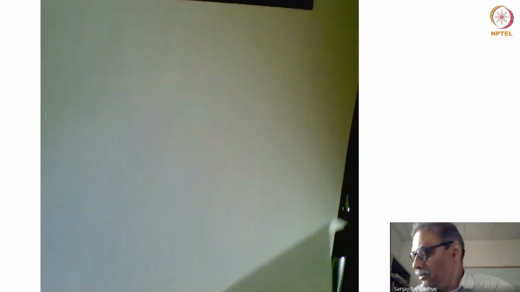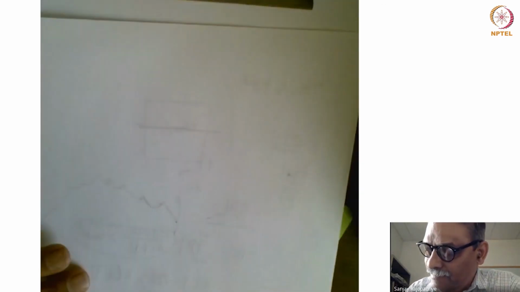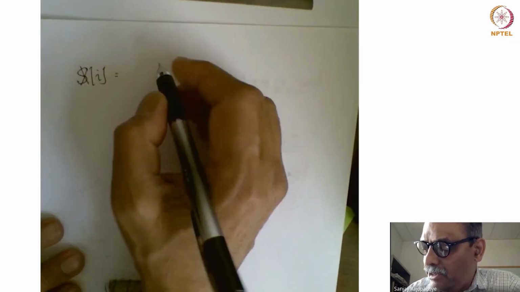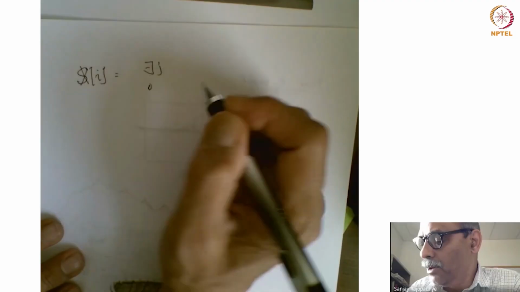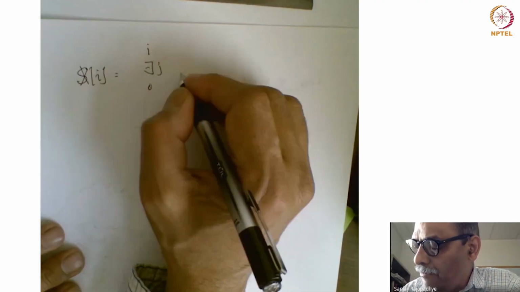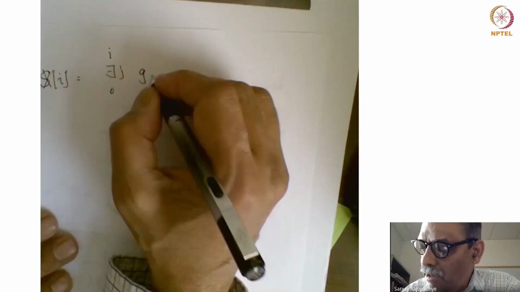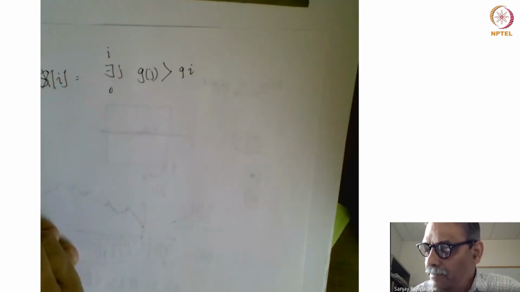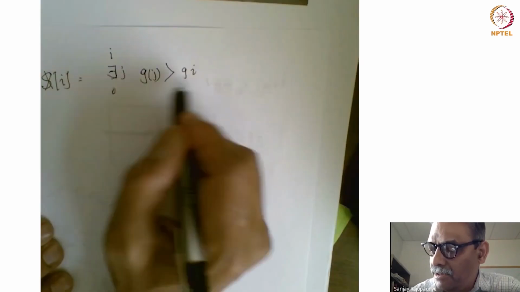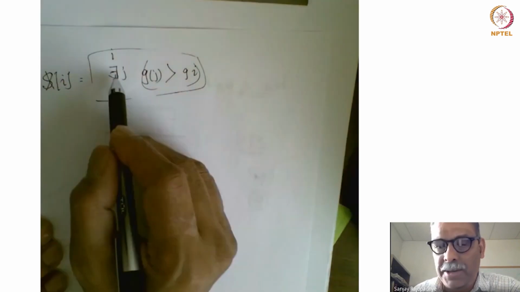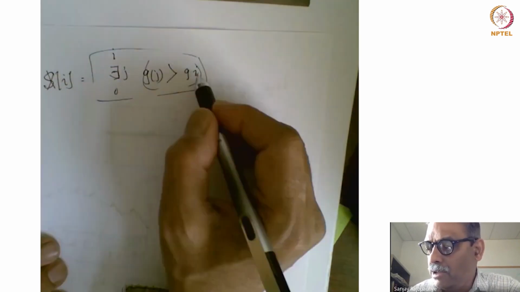So Si is in shadow if there exists j from 0 to i minus 1 such that g of j is greater than g of i. This inequality must be satisfied at some point j. I want to factor out the i part.